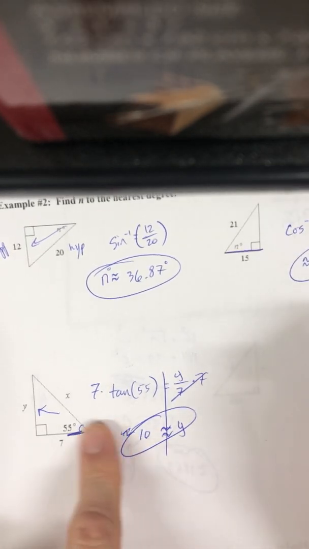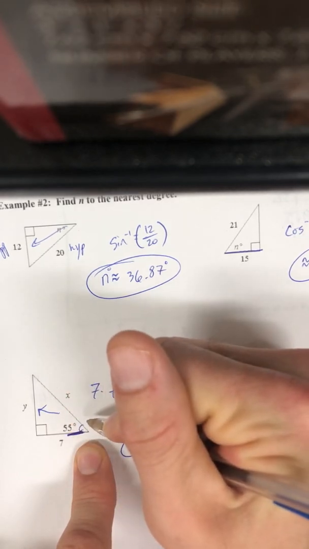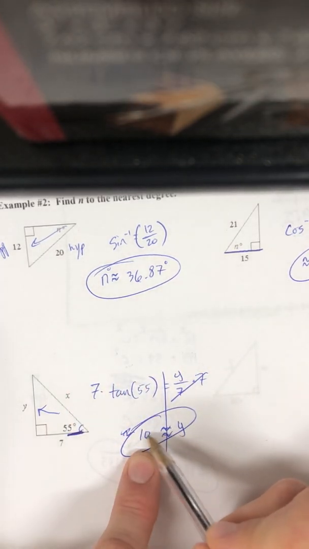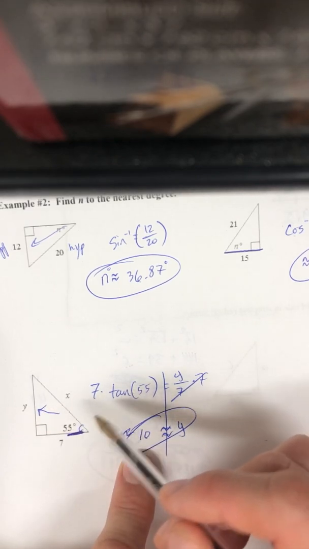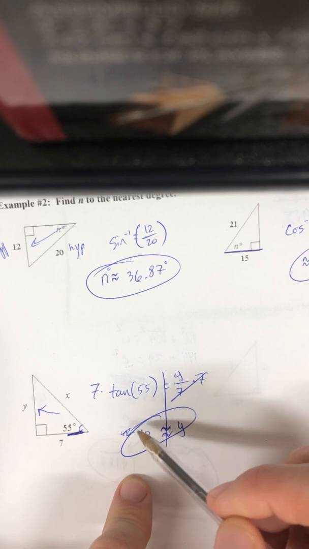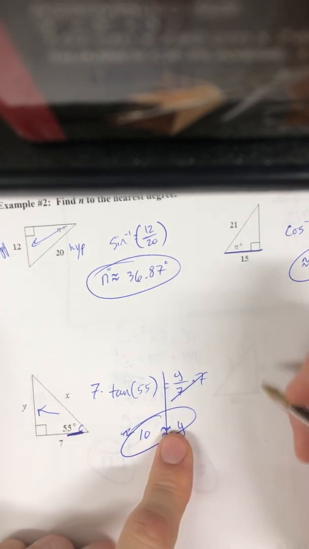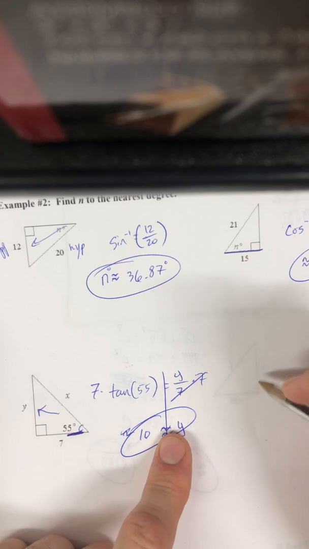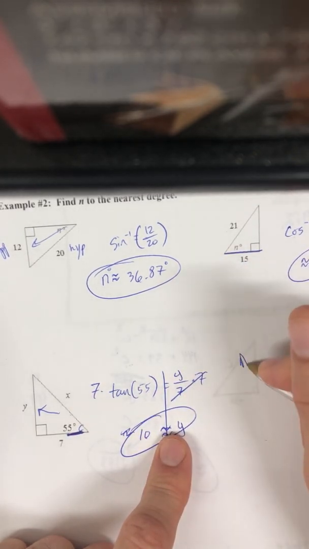The next one is going to be the adjacent. Now you can use this approximation to plug in to find x, but since this is an approximation, I'm just going to use the exact number, so it's a little bit more precise. It'd be adjacent and hypotenuse, which would be cosine.